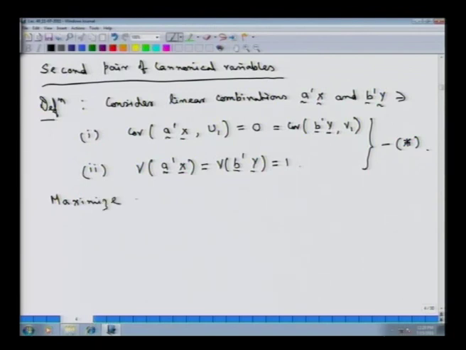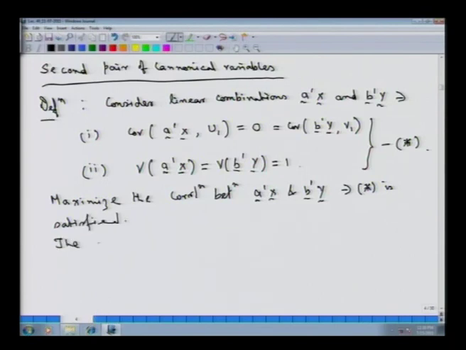maximize the correlation between a' x and b' y such that this star is satisfied. Right.